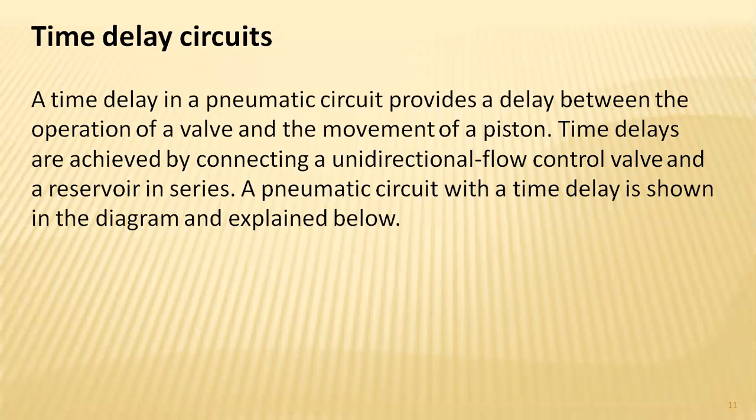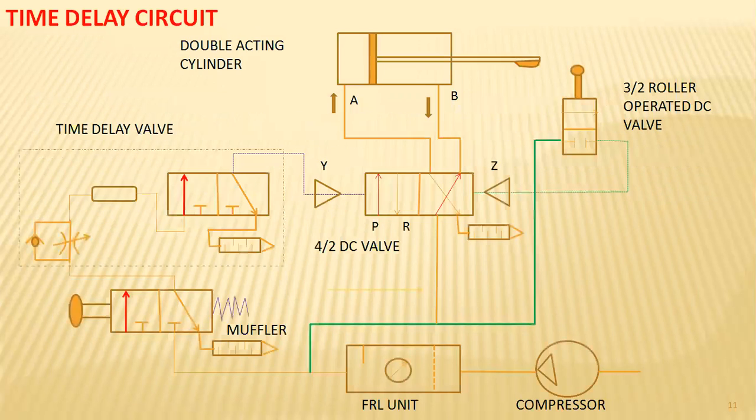Delay between one operation valve to another operation valve will also be considered, and this achieves the connectivity of a unidirectional flow valve and a reservoir, even in series directions, which will be explained in detail in these time delay circuits.